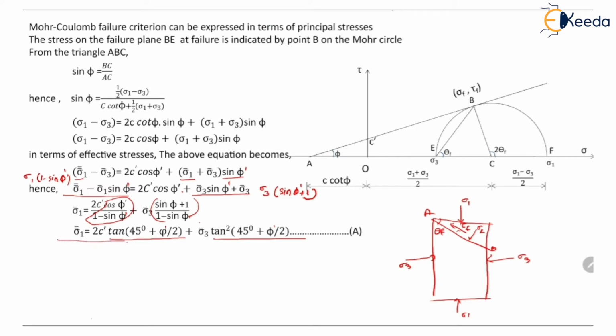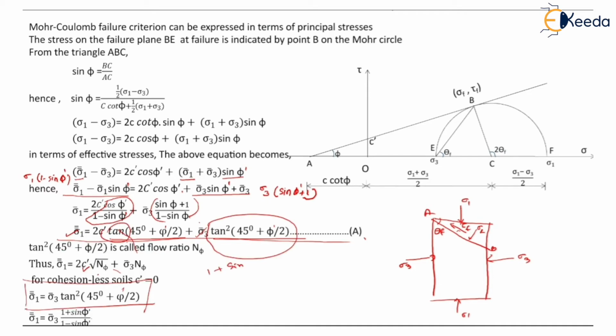So this is the Mohr-Coulomb failure criteria. The principal stresses sigma 1 bar and sigma 3 bar should satisfy this equation so that the failure will occur. We can also write tan square 45 degree plus phi dash by 2 as 1 plus sin phi dash divided by 1 minus sin phi dash.